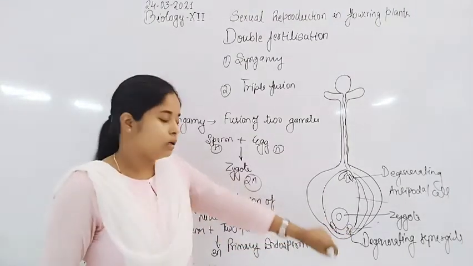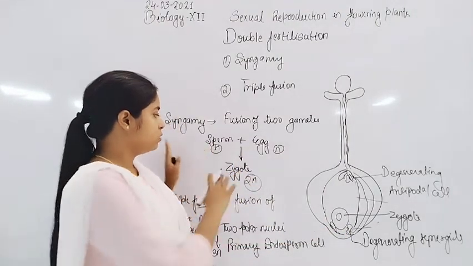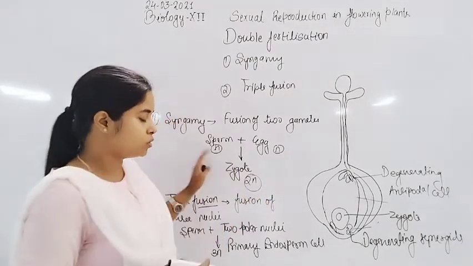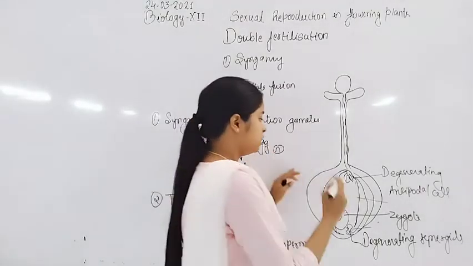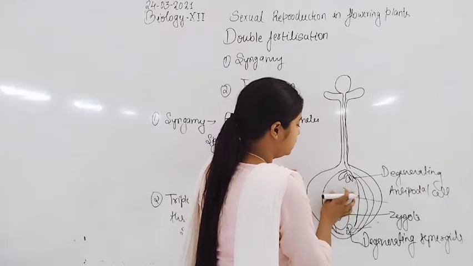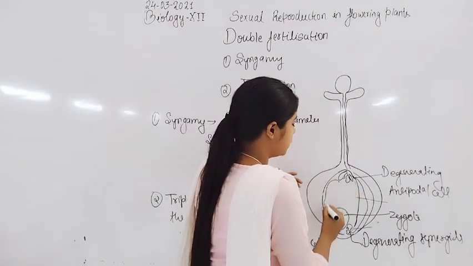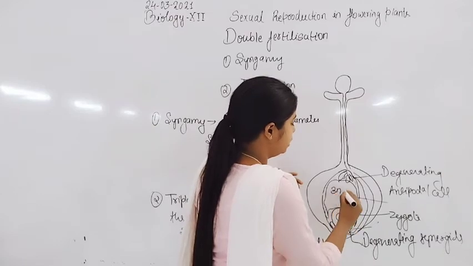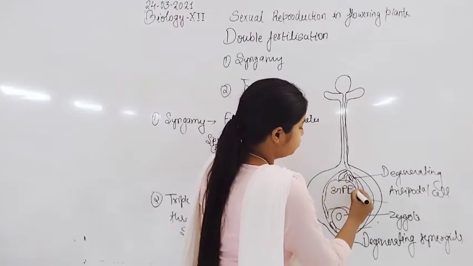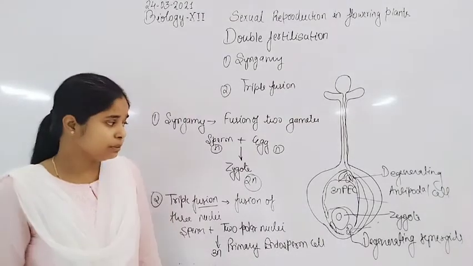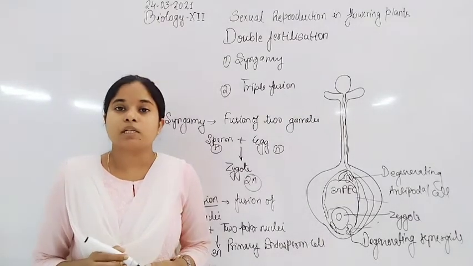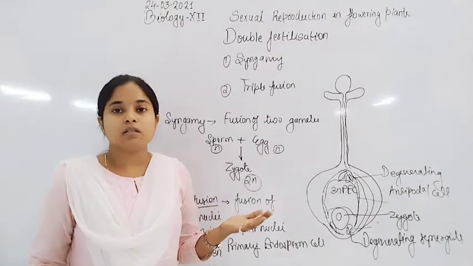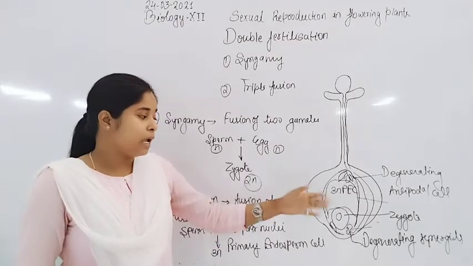Now the egg is converted into the zygote, because the sperm fuses with the egg. So the haploid condition is converted into the diploid condition, also known as the zygote. Now the polar nuclei become the triploid primary endosperm cell, which undergoes multiple karyokinesis and is finally converted into the endosperm.